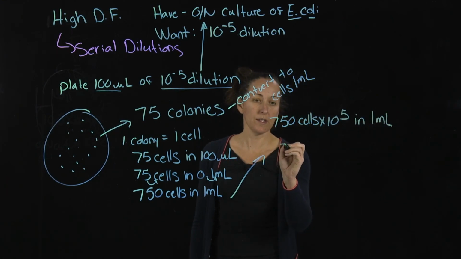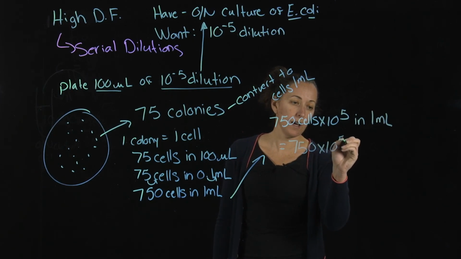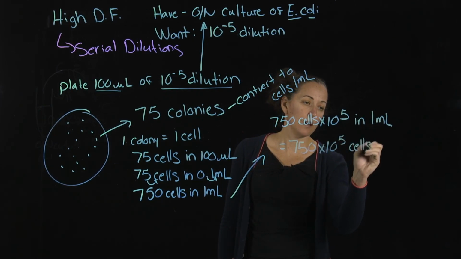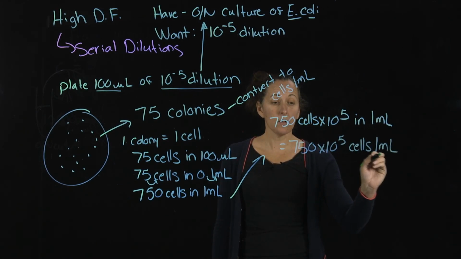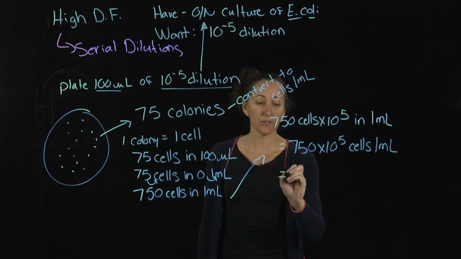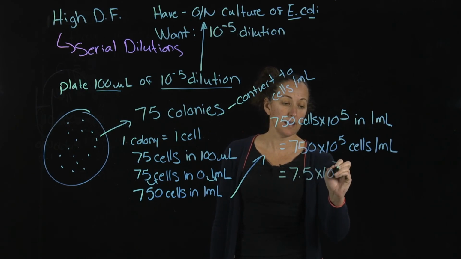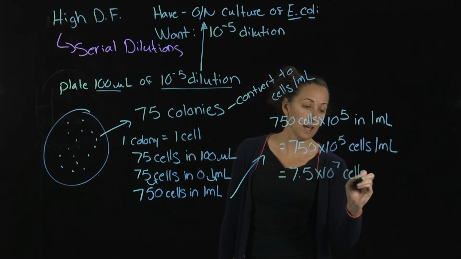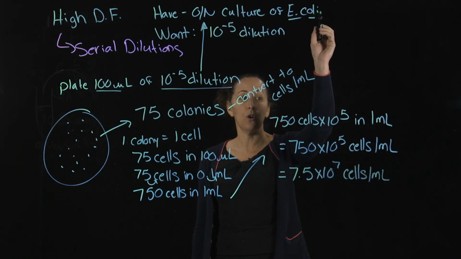So this equals 750 times 10 to the 5 cells per mil, which is the correct answer, but it's not yet in scientific notation. So we want to convert this to scientific notation. So we have 7.5 times 10 to the 7 cells per mil that were in our original overnight culture.